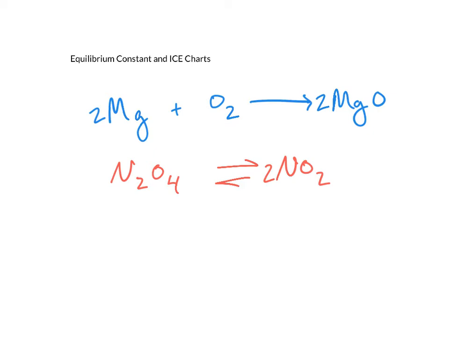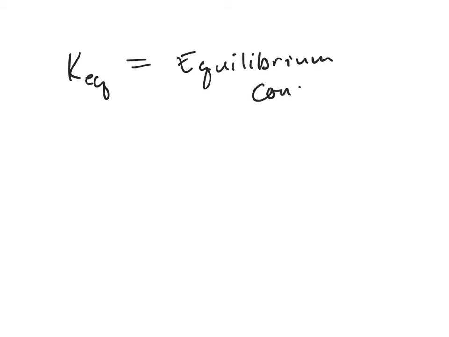So in order to calculate how much of each chemical is present, we use an equilibrium constant, and then we use these ICE charts. The equilibrium constant is represented by the letter K. So K_EQ. K_EQ represents the equilibrium constant, and it is calculated using both the coefficients of the reaction and the products and the reactants.